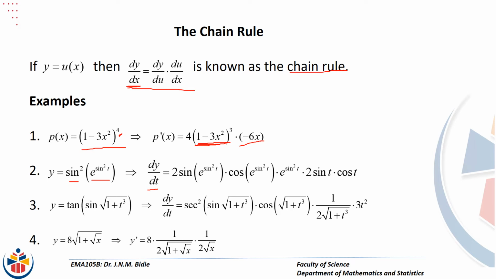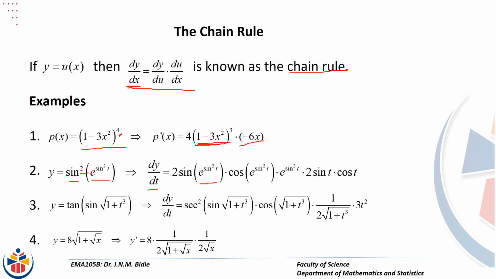The power of e is sine squared t, so the first thing we differentiate is the power 2. We use the power rule. It's 2 sine. Note that we can't leave the argument of sine out. So it's 2 sine of the argument multiplied by the next thing.